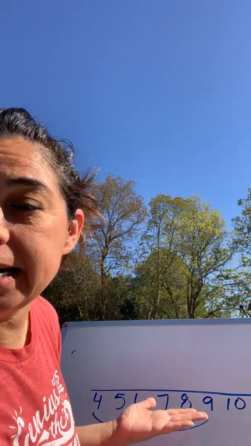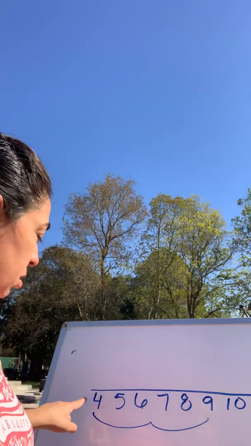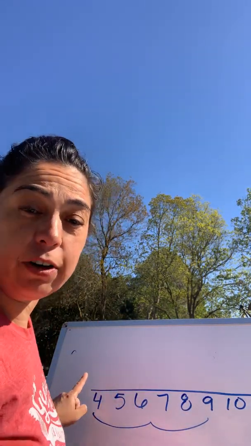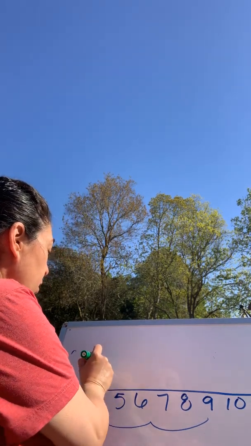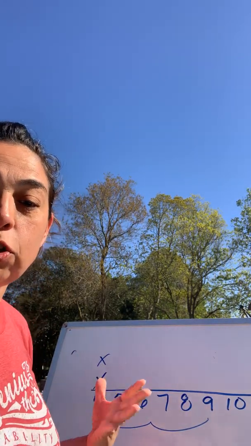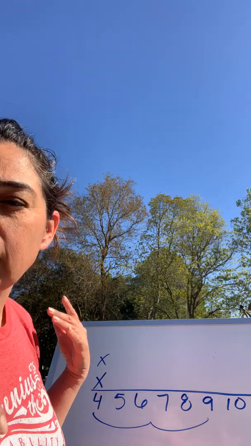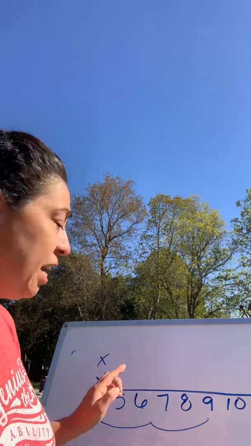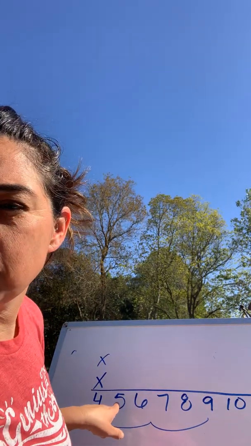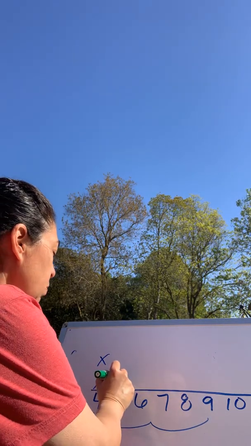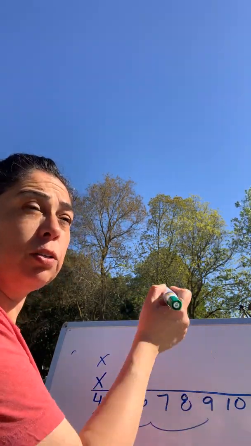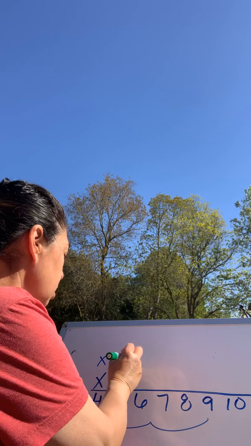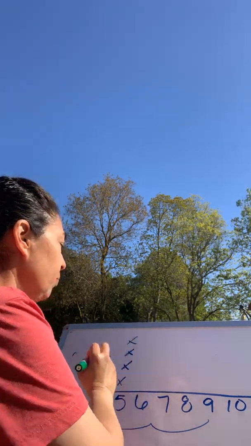So again, names that have 4 letters, there were 2. So we're going to put 2 marks on top of 4. On names that have 5 letters, there was a total of 4. So instead of tally marks, we're going to create X's. 1, 2, 3, 4.